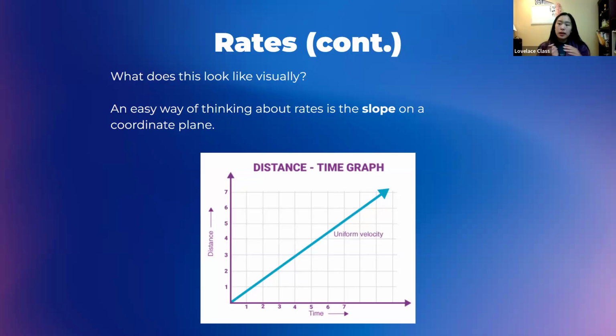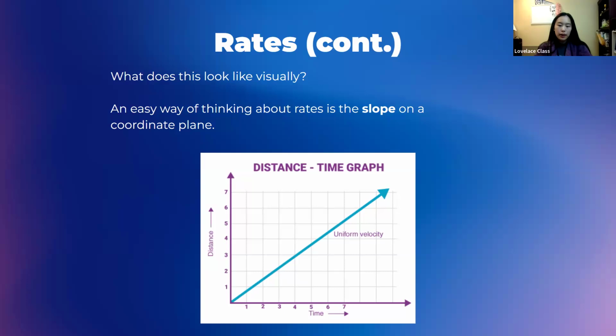If I wanted speed, I could just use the slope to get the speed, because it's change in y over change in x. And I have time as my x value because that's the denominator. We use miles per hour, and hours is in the denominator.